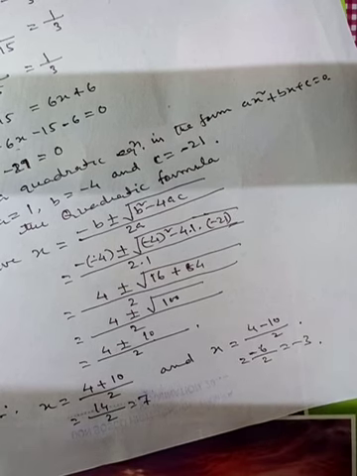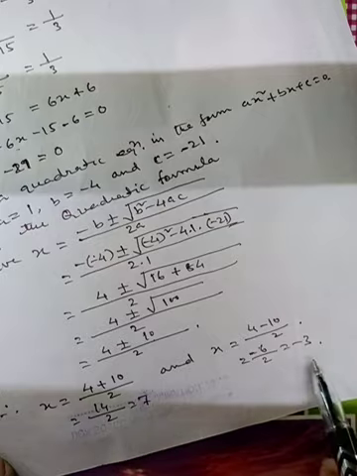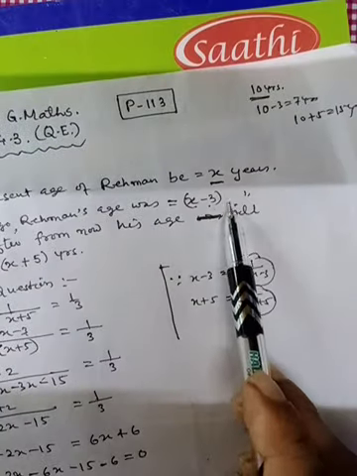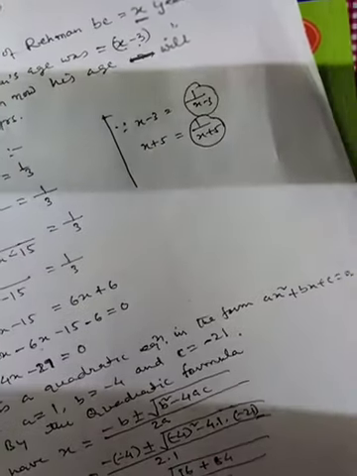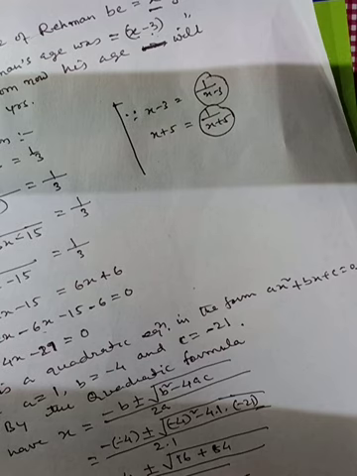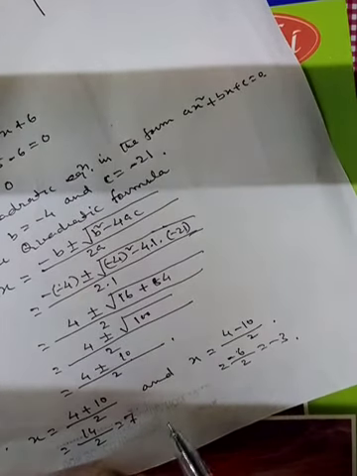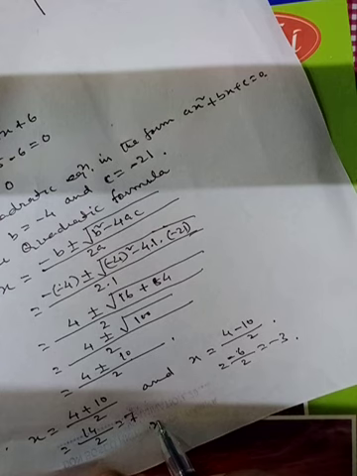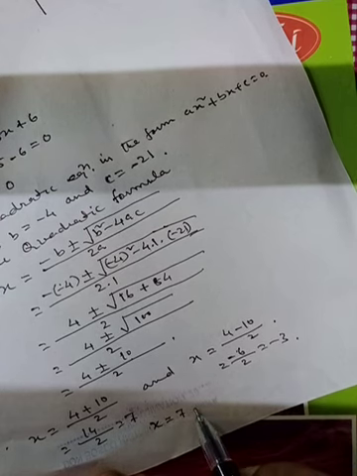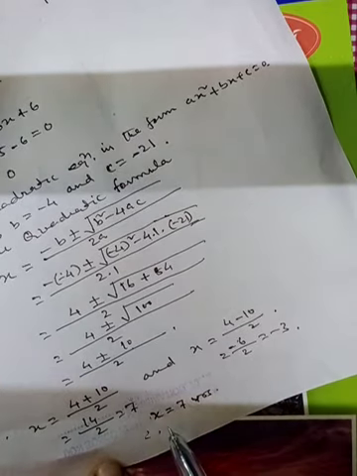Now the value of x means the present age of Raman. So x cannot be negative, since age cannot be a negative quantity. So the root of the equation will be 7, that is 7 years.